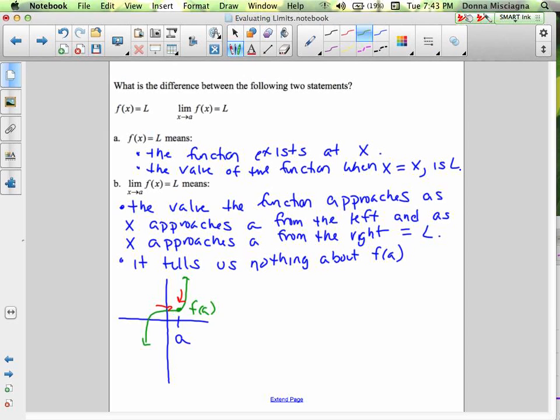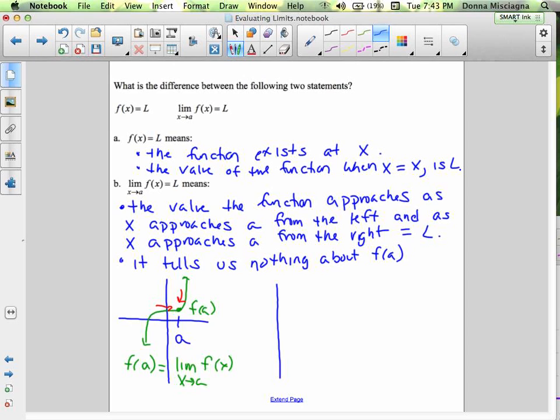So in this case, f of a is equal to the limit of f of x as x approaches a. The limit and the value of the function are exactly the same.